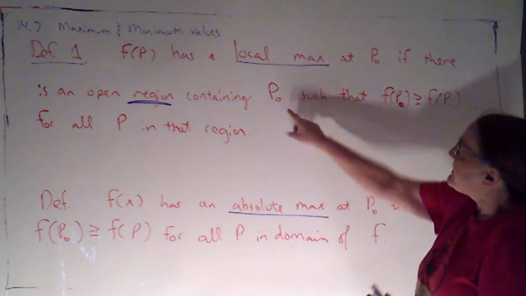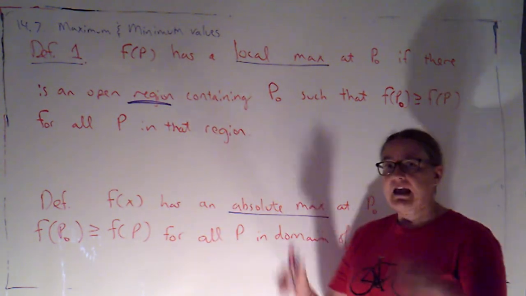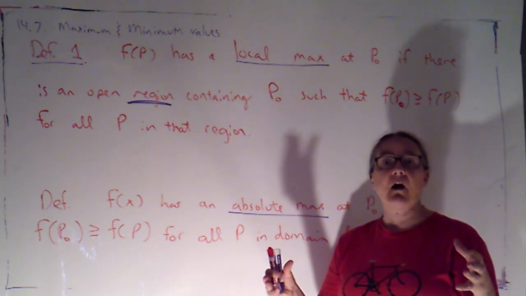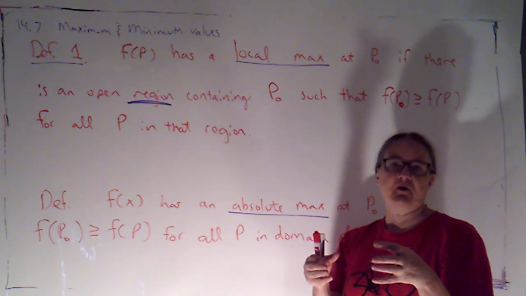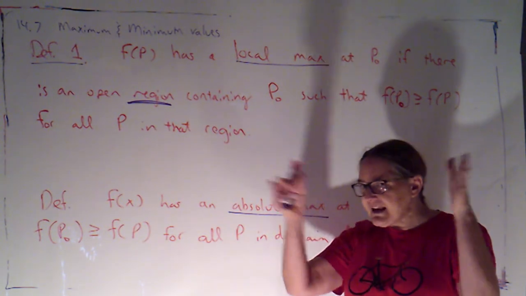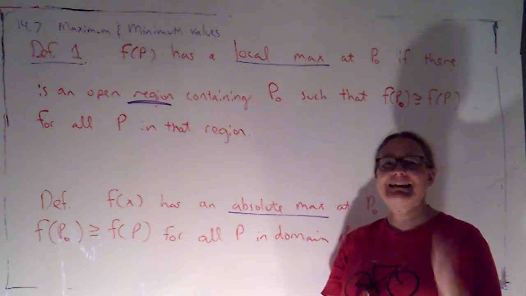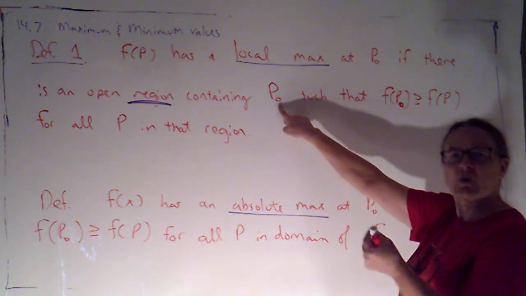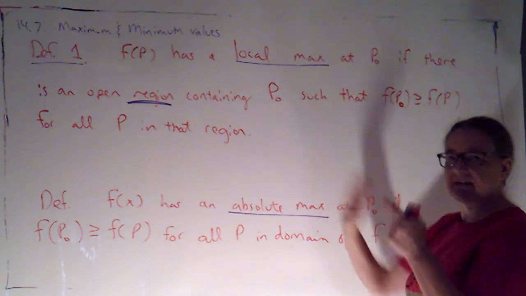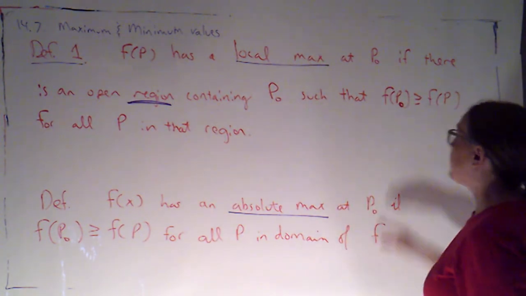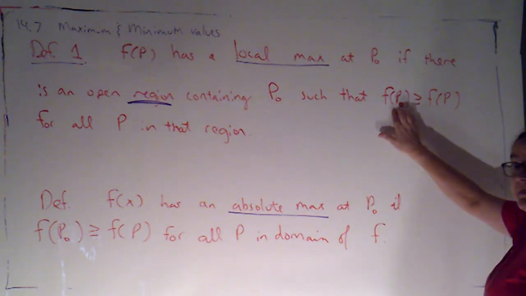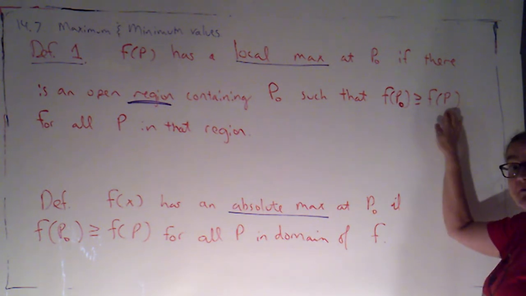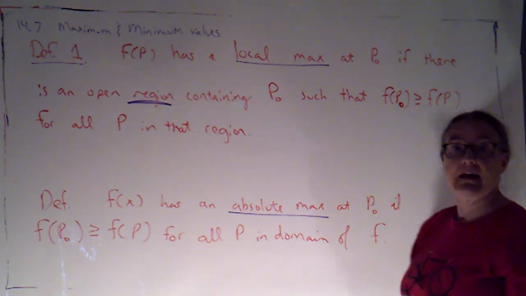But that first condition is saying that the point p naught has to be an interior point in the domain. So if the domain has some boundary to it, it can't be on the boundary. The function has to be defined at and near p naught if I move away from p naught in any direction. And then I need the output of the function there to be bigger than or equal to the output of the function anywhere else in that region.